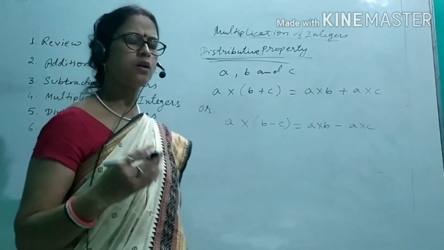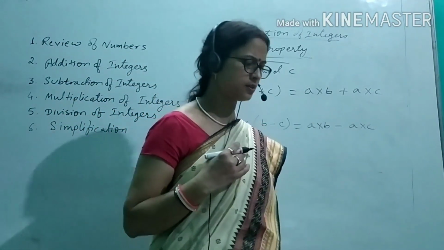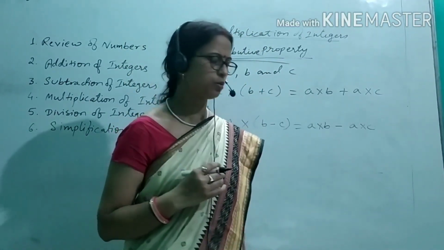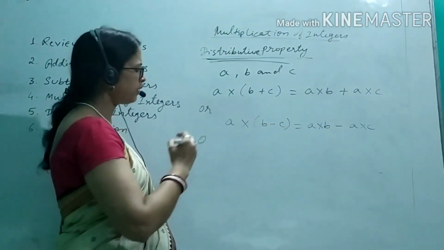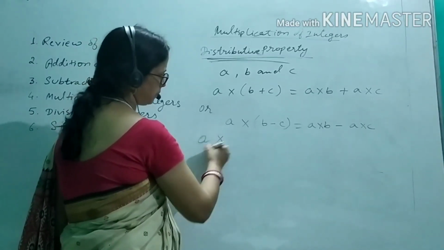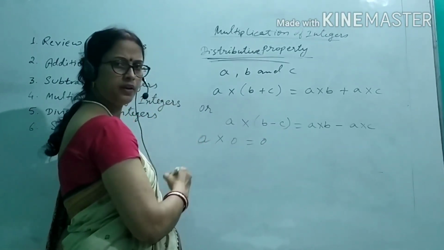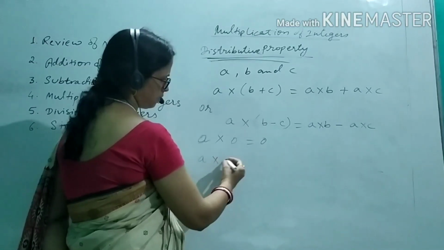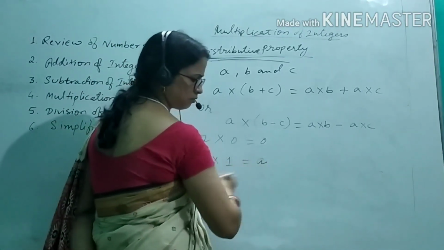So children, now we are going to discuss the next property: when we multiply any integer with 0, we obtain the result 0. Suppose any integer is a and we multiply a with 0, we are going to get 0. If we multiply any integer by 1, we are going to get the same integer.